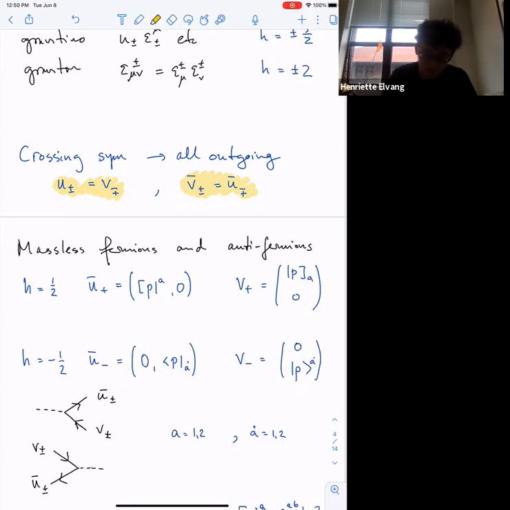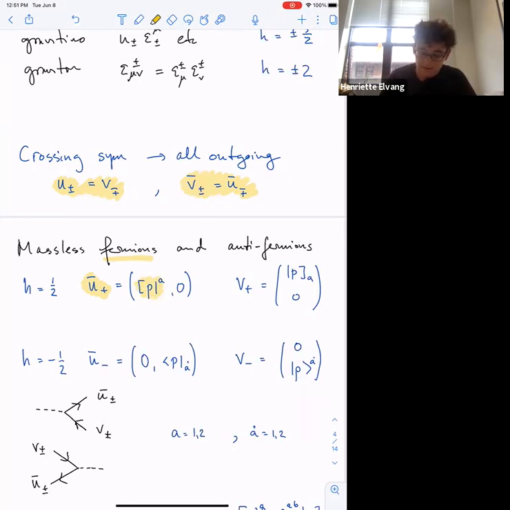So for a fermion going out, we use a U bar. If it has positive helicity, we're going to select a basis of the 4-component Dirac spinors in which there's only a part in the first 2 entries, and we call that thing a square spinor.